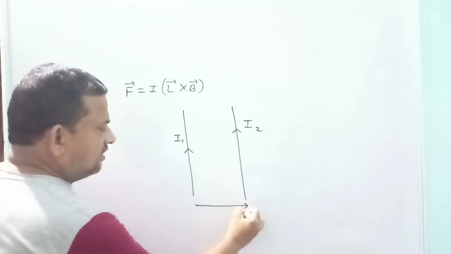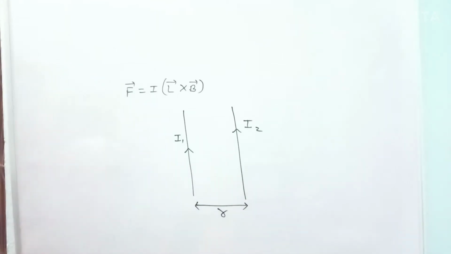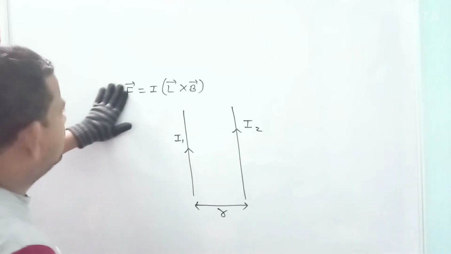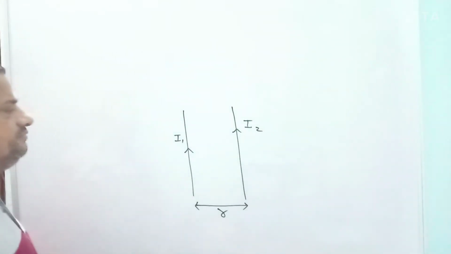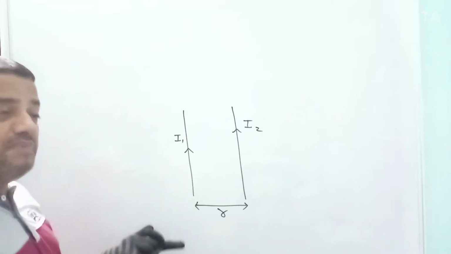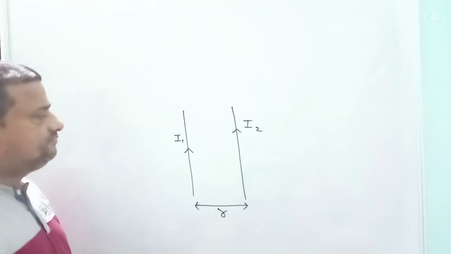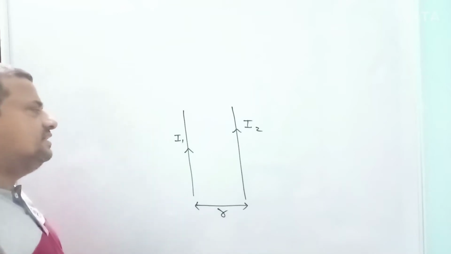The distance of separation between these two is R. So we have to find the force between these two conductors. To find the force, the magnetic field is needed. So how to find the magnetic field?